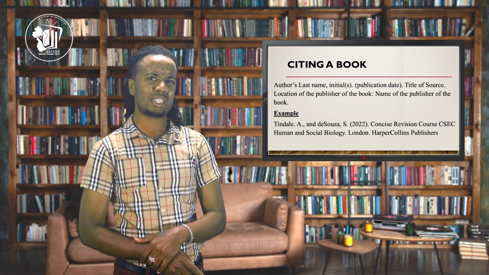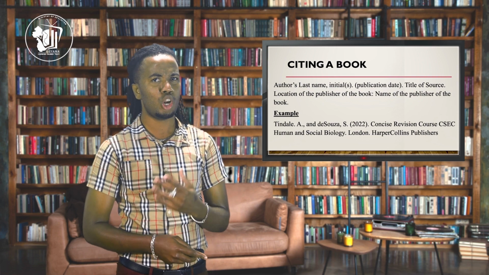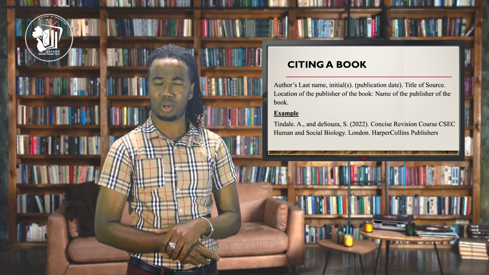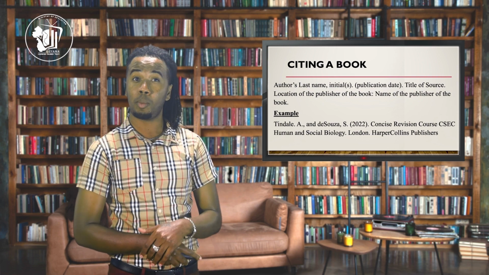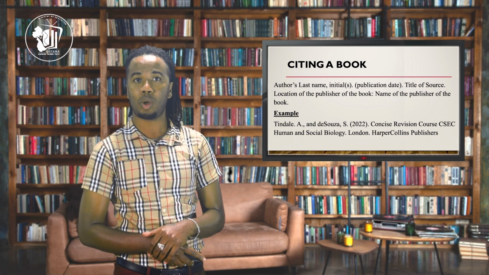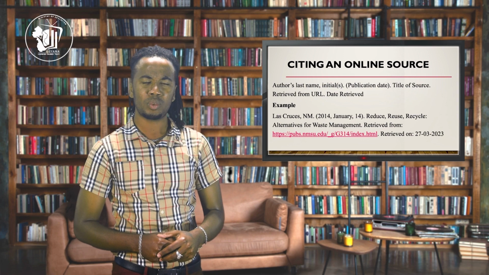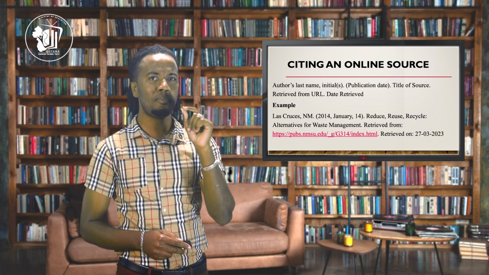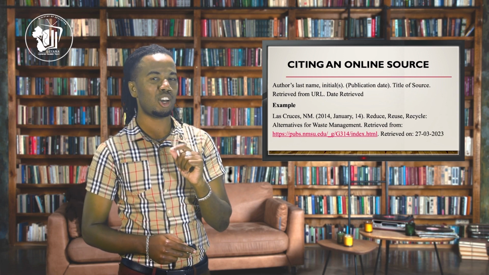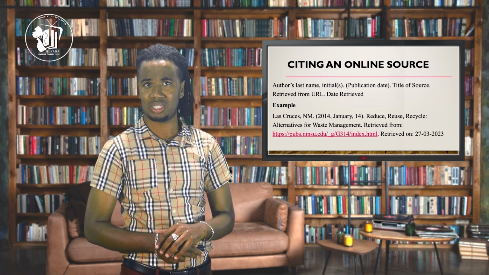Now, you might ask yourselves as you sit comfortably looking at this television broadcast, how do I go about referencing a website? Let us once more look at the screen and let us go through the main points for citing online sources.